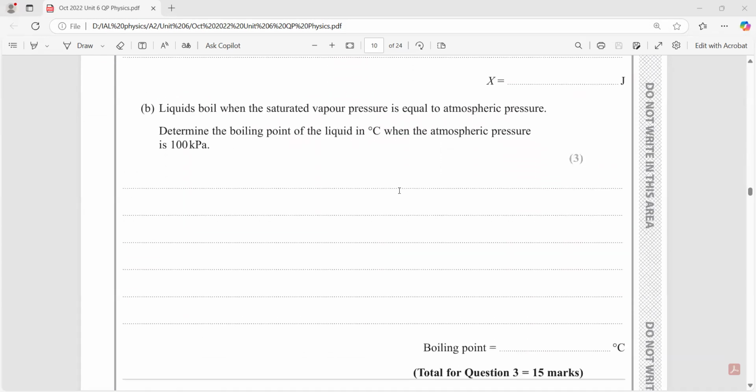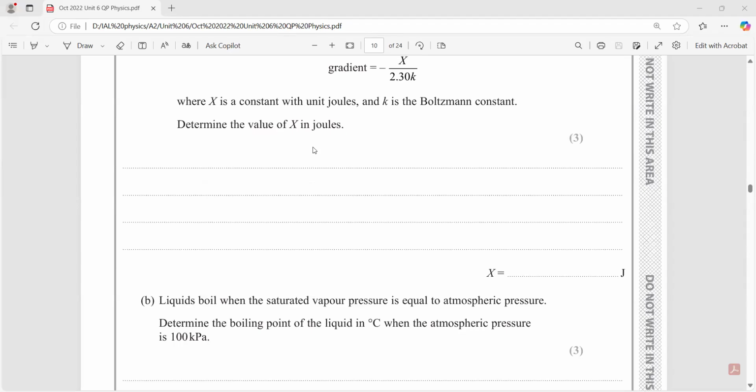Liquid boils when saturated pressure is equal to atmospheric pressure. Determine the boiling point of a liquid in degrees centigrade when the atmospheric pressure is 100,000 Pascal. So for this, what we have to do is use our graph, because if you see in the question, we want to determine the boiling point of a liquid when atmospheric pressure is equal to this.